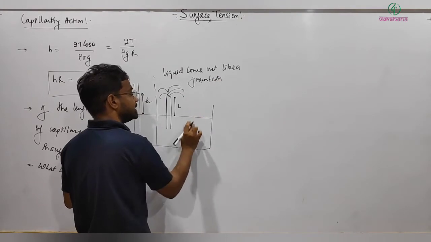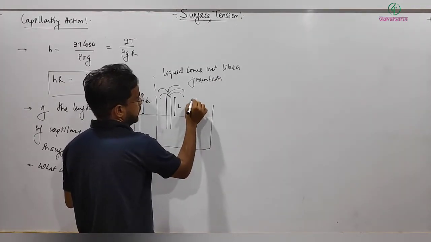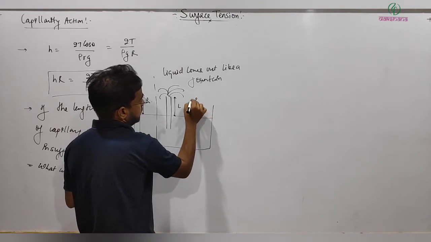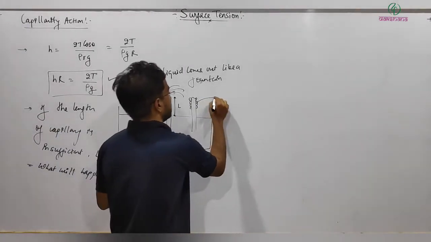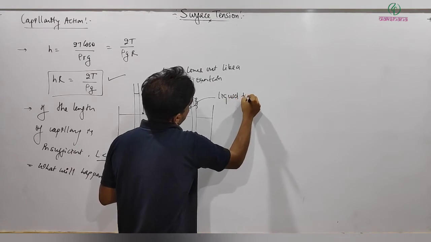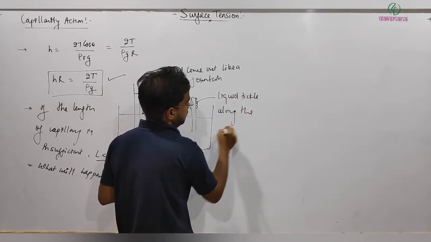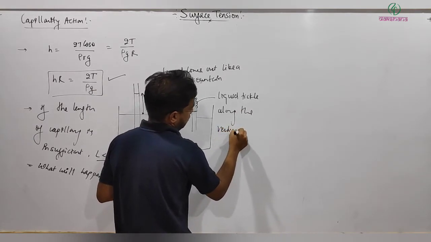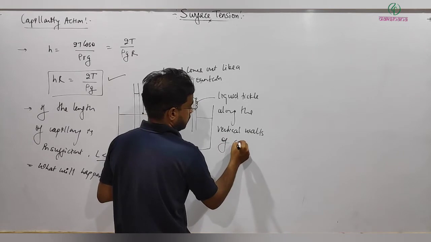Or maybe, if this is the tube, will the liquid flow out or trickle along the vertical wall of the capillary?